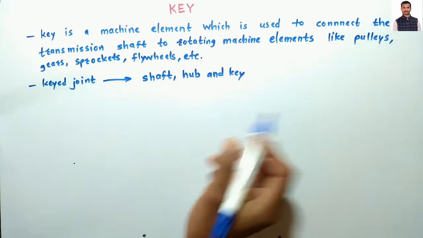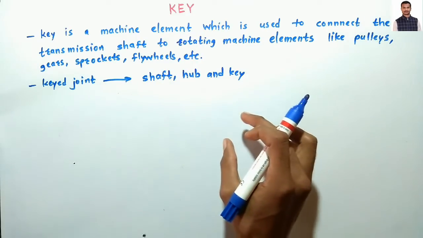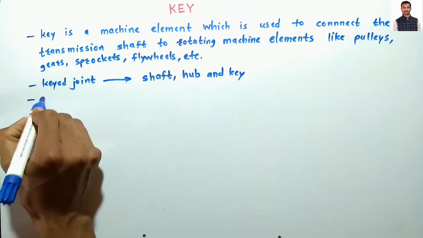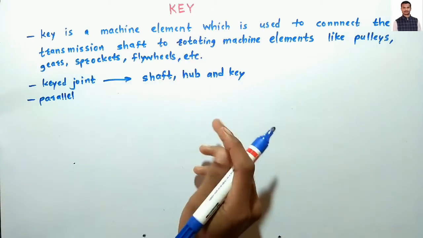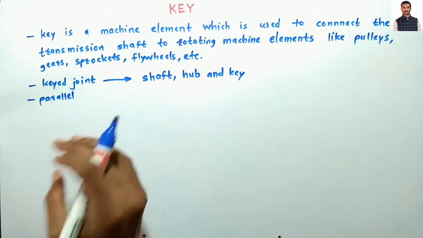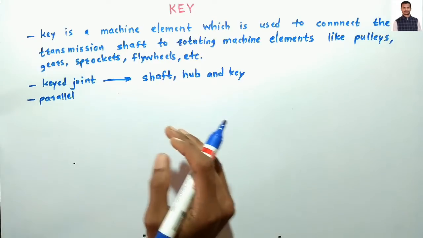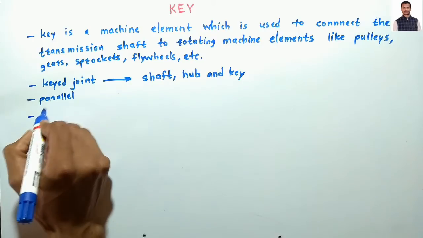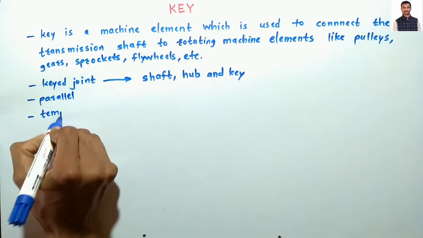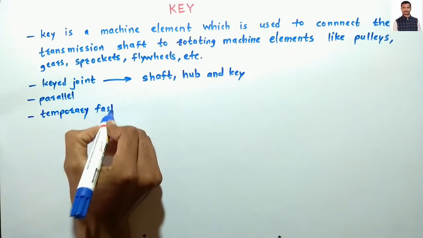Now key is always inserted parallel to the axis of shaft. Keys are used as temporary fastenings.